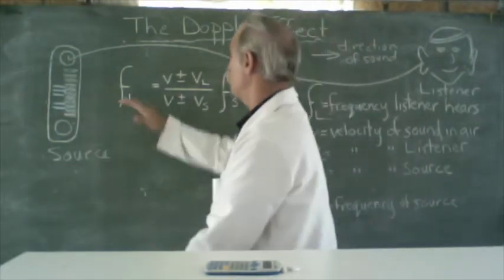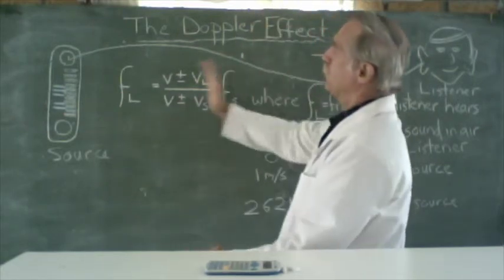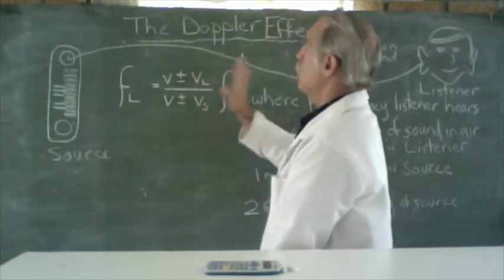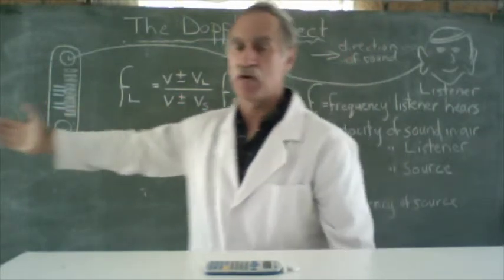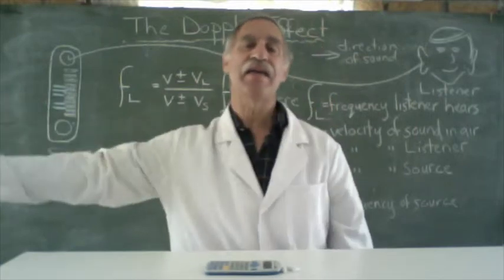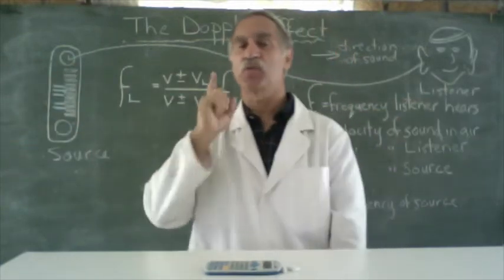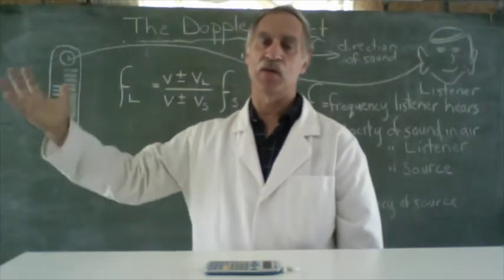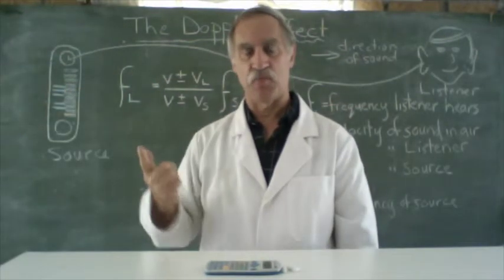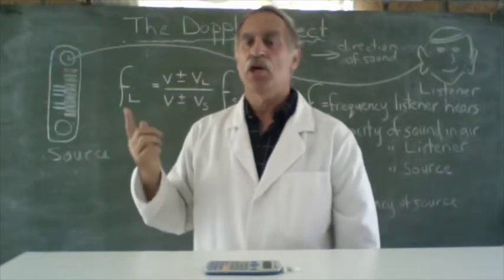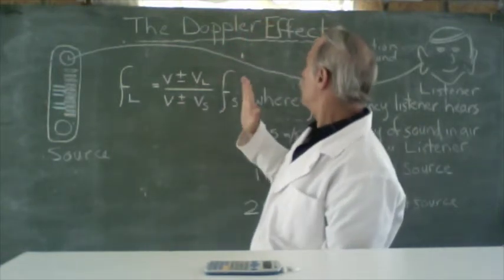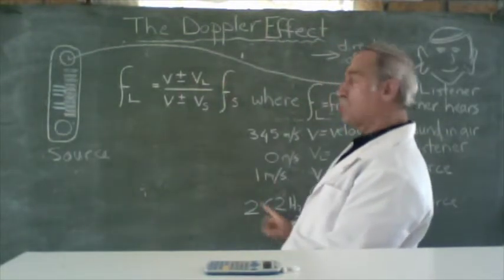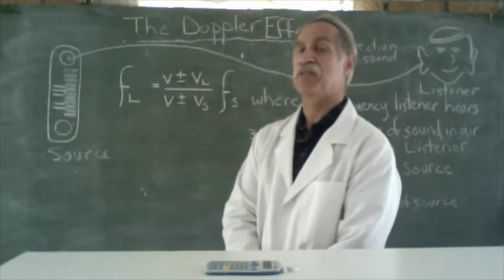Now, let us do this equation when, first of all, the organ is moving towards the camera. When the organ is moving towards the camera, the sound gets higher as it goes past. So we must always just remember the simple fact: when a source is approaching the listener, the pitch goes up or the frequency increases. So if the frequency of the source is middle C or 262 hertz, the frequency of the listener must be higher.